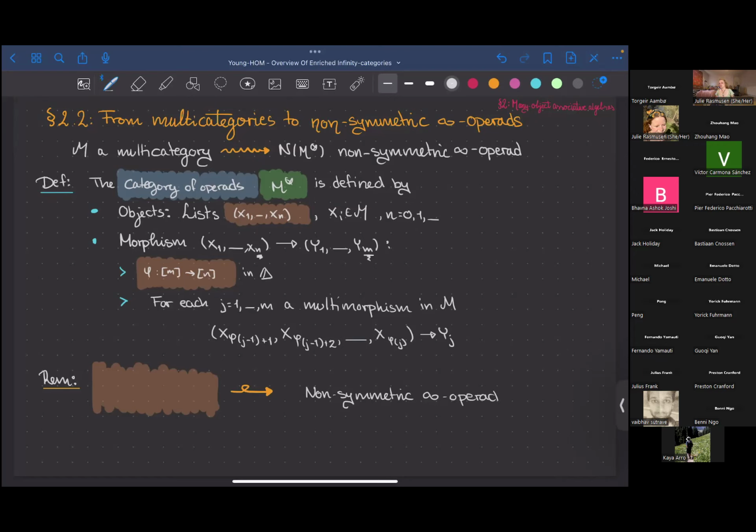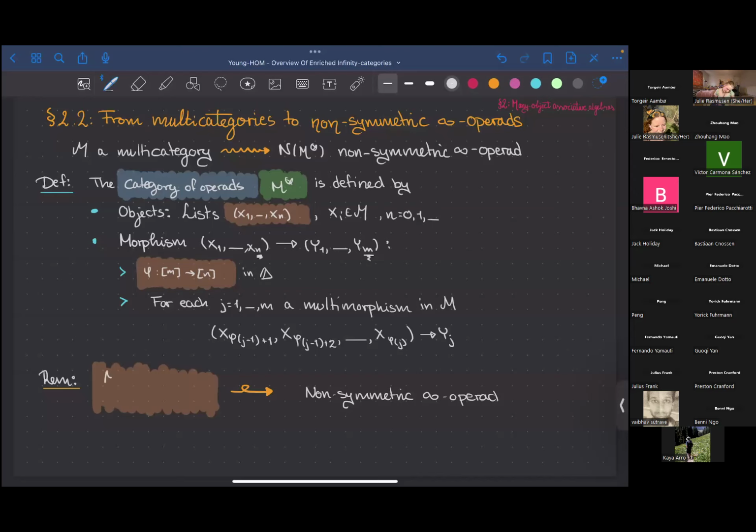And then for each j between 1 and M, we want a multimorphism in M that goes from a string of objects of x's that are determined by this phi, and then into yj.